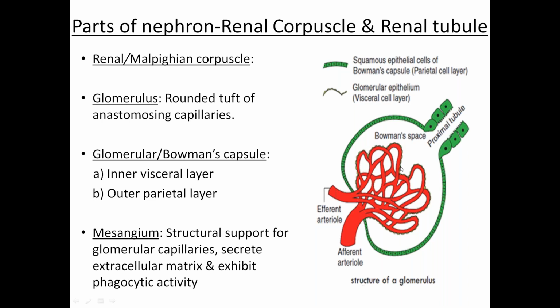And then you have an outer layer which is known as the parietal layer. Here, this is the outer layer or the parietal layer. Now, in fact, the Bowman's capsule represents a cup-shaped blind end beginning of the renal tubule. See here, this is where your proximal tubule begins. And the space between the visceral layer and the parietal layer is your Bowman's space.